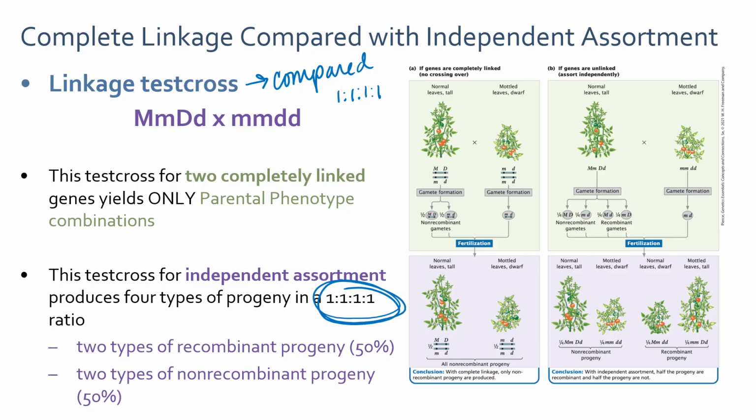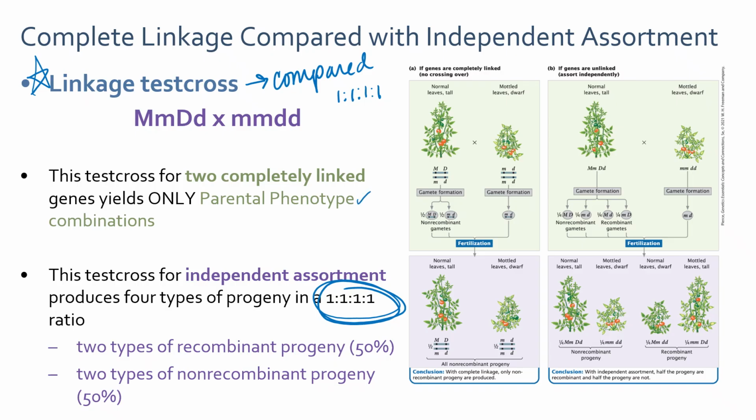And so if we have to do a chi-squared analysis, we're doing the analysis for the linkage test cross. And in that case, a chi-squared analysis would tell us if these genes were linked or not.